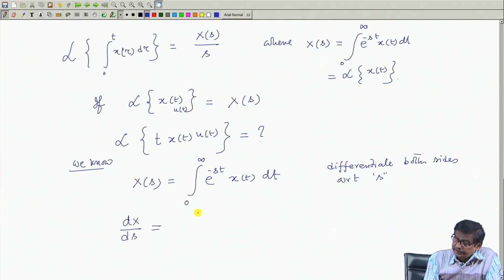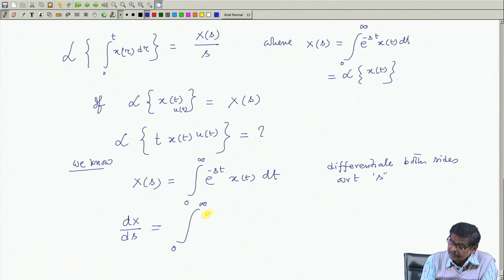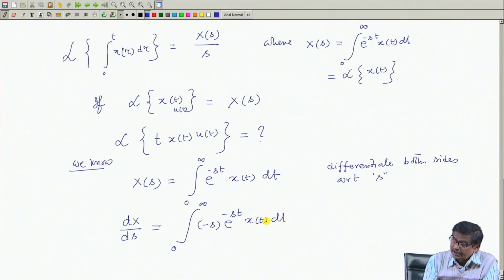On the right hand side, integration means summation of small numbers, infinite whatever number. Those terms have only this e to the power function of s, so differentiation of this term only. It will be minus t into e to the power minus s t, since x(t) and t will be treated as constant when you are differentiating with respect to s.